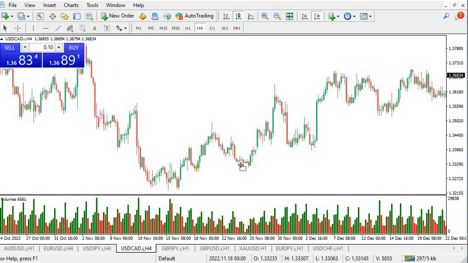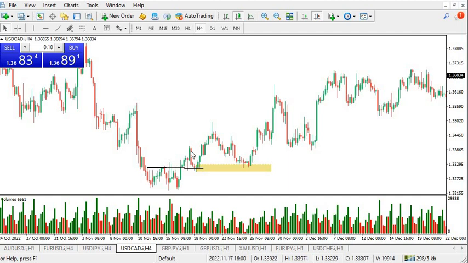This one at this point is an order block, and it fulfilled the criteria in this way: this order block is near the flip zone where the previous resistance became support. Let me straighten it down.